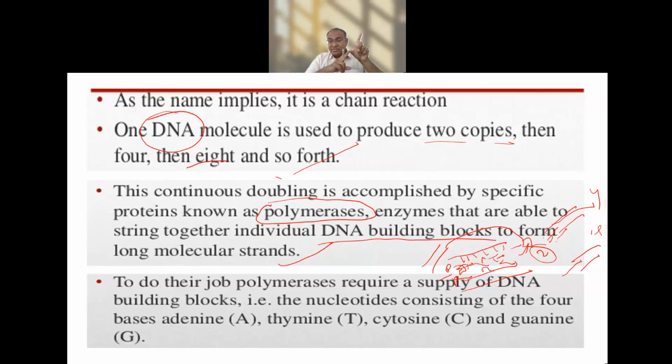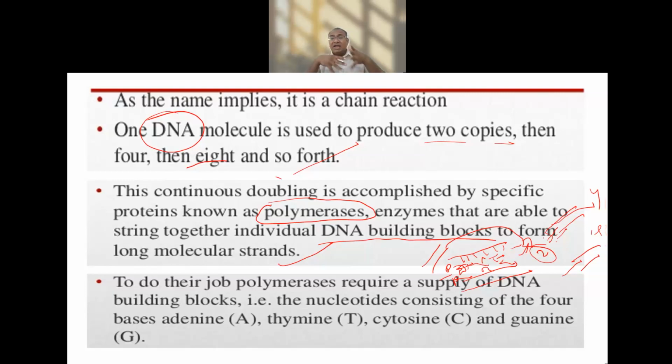What are the DNA building blocks here? The nucleotides consisting of four bases: thymine, cytosine, guanine, adenine. You got the idea? All these nucleotides are required and should be supplemented when I do an experiment.